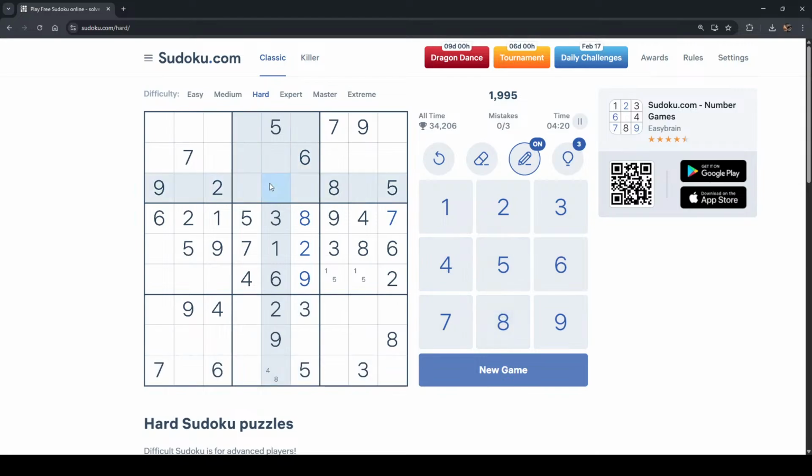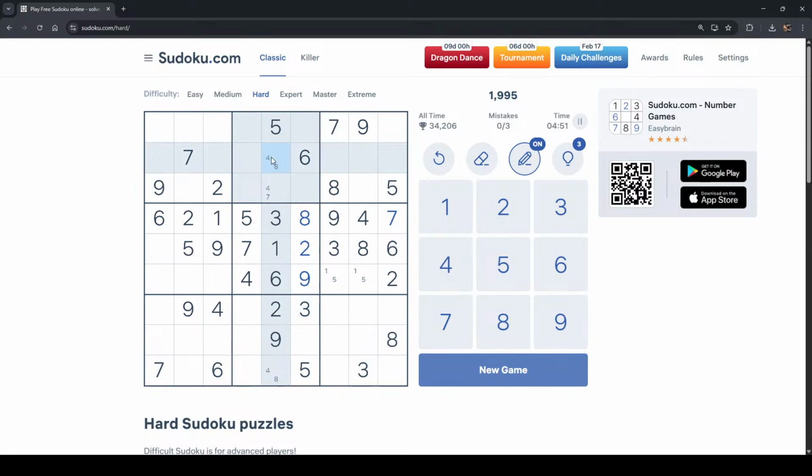There is an 8 over there in this row, so 4 7 8 were the possible ones, but 8 can't be there, so 4 or 7 are the probable ones. There is a 7 over there in this one, so that means there should be a 4 and 8, 2 possible numbers. 7 can't be there. Now if you look at this 5th column, in the second and the last cell of this 5th column, we see that 4 and 8 are the probable ones.